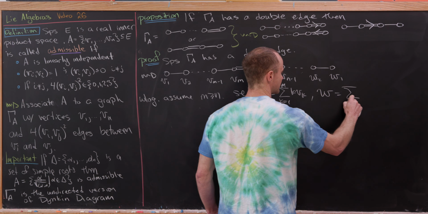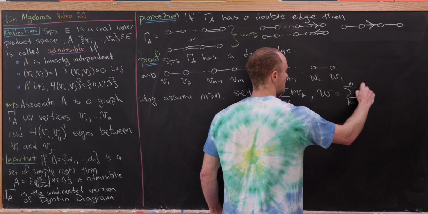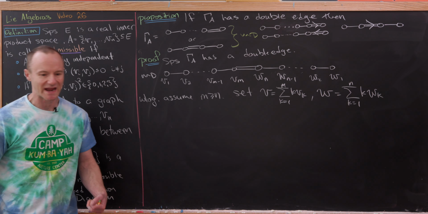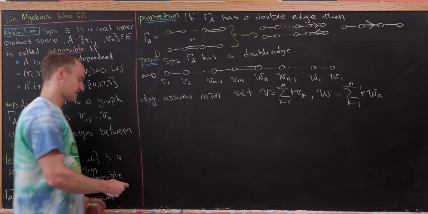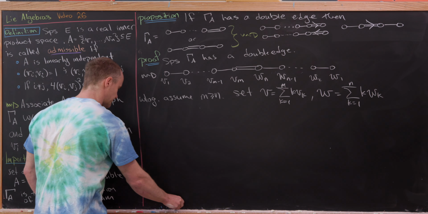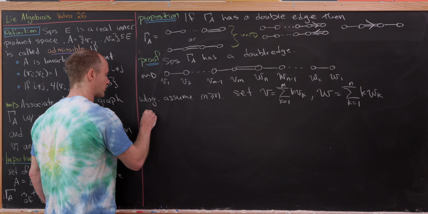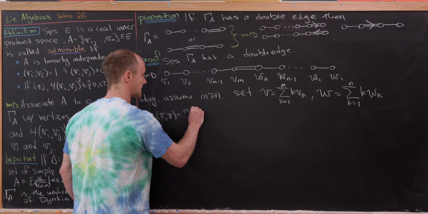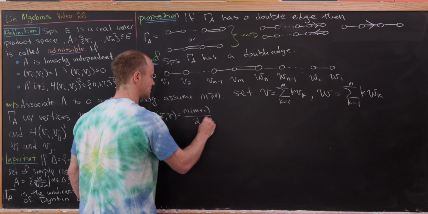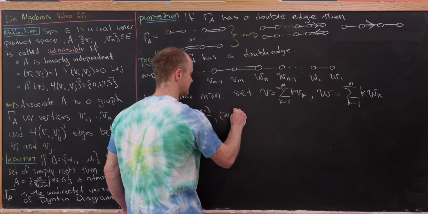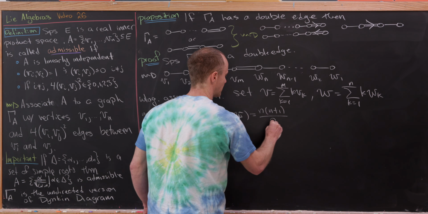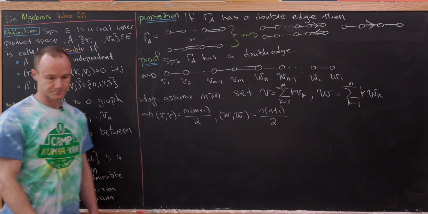So that'll be the sum as k goes from 1 to n of k times wk. Those weighted sums of the vertices. But now let's observe immediately by our previous result, we have the inner product of v with v is m times m plus 1 divided by 2. Then the inner product of w with w is n times n plus 1 over 2.